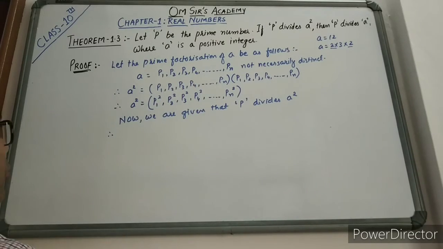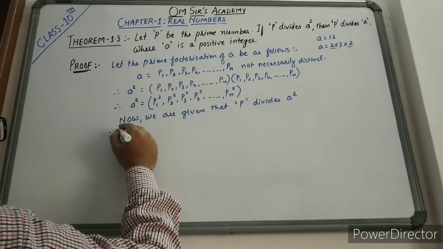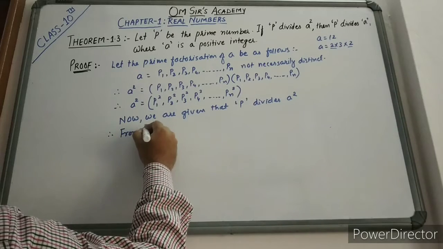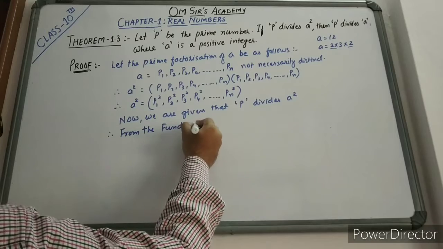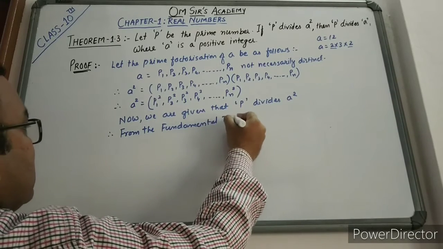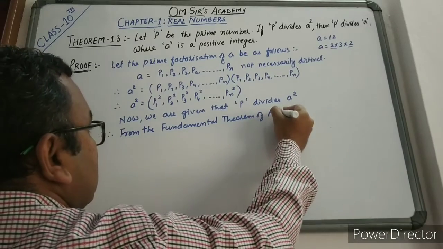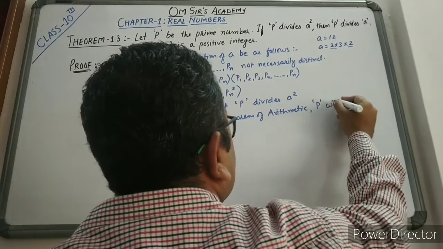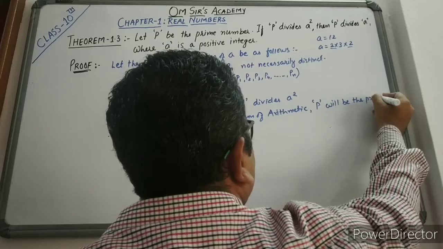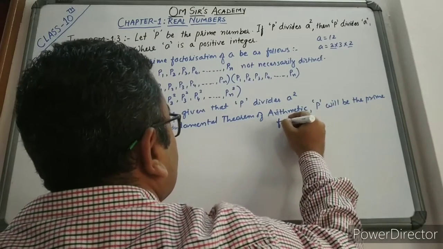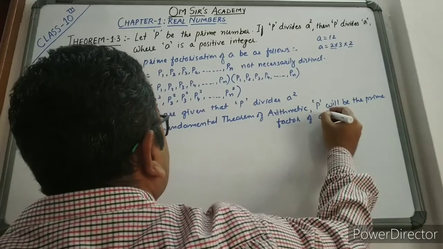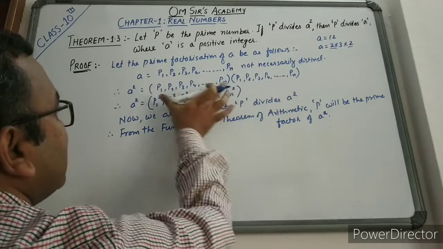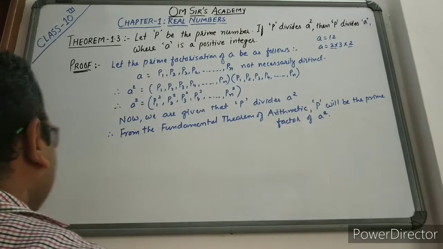That P will be the prime factor among all these terms. So therefore, by the fundamental theorem of arithmetic, P will be the prime factor of a square. मतलब ये जो a square है, these whole 2 terms are there, उसके अंदर P जो है वो एक prime factor रहेगा.